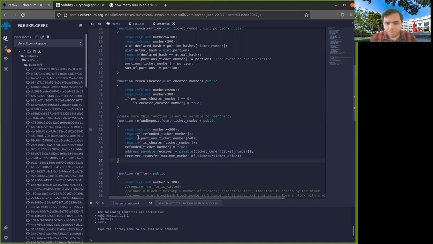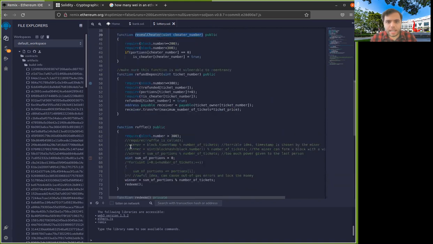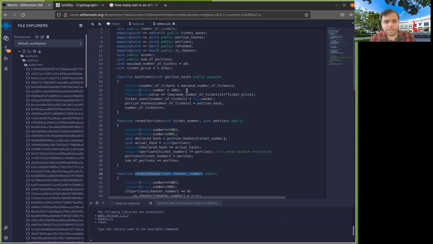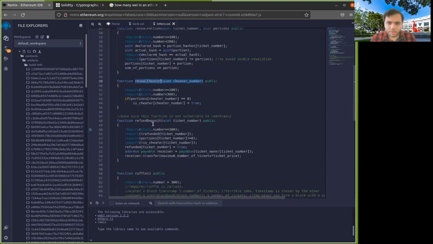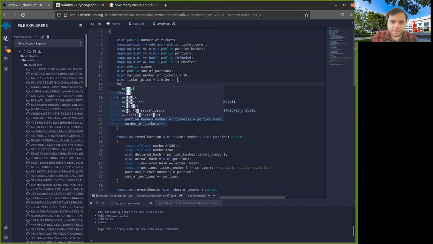But we have to also do one more thing. If it was revealed that someone has cheated, then we have to make sure that the raffle does not go through. And we have to make sure that everyone can also get a refund for their ticket. You see here, they're getting a refund for their deposits, but they're not getting a refund for their tickets. So I will also have another Boolean here.